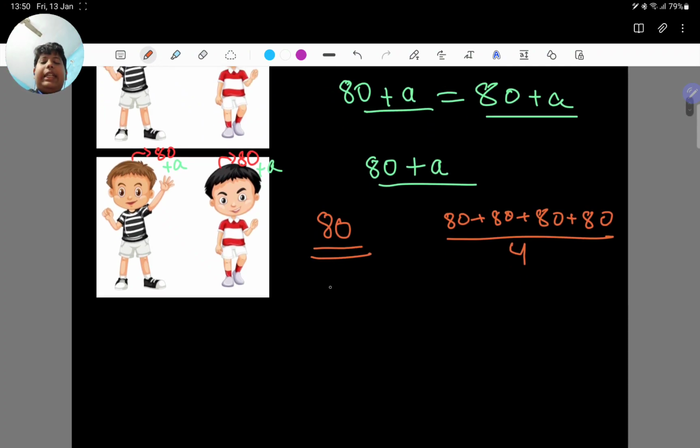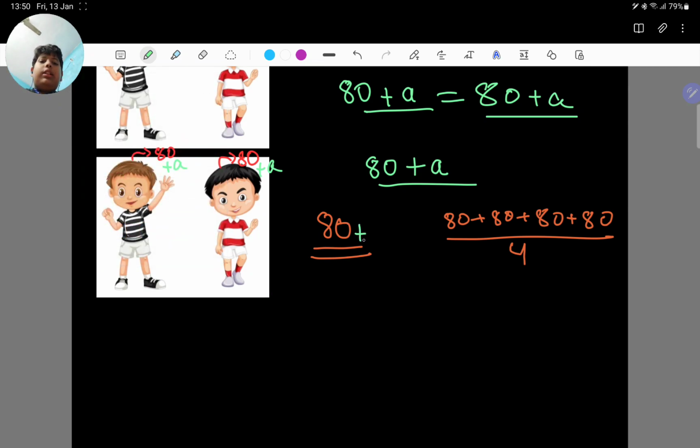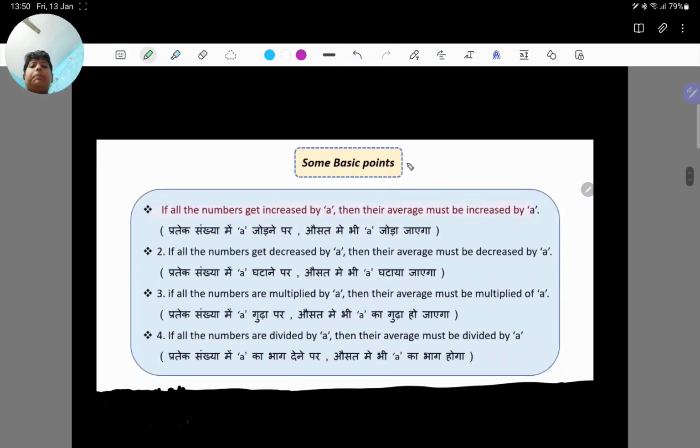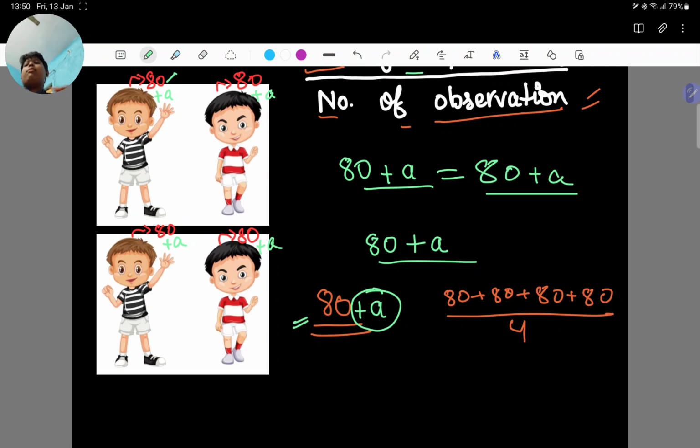But this time we have 80 plus a. The answer will be 80 plus a, since all the numbers are increased, the average must be increased. If one is not increased by a, then the average will not increase by a.